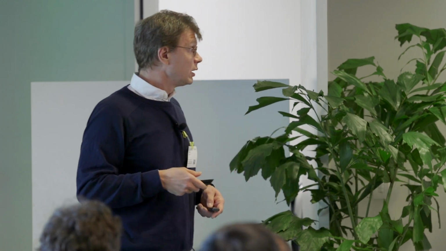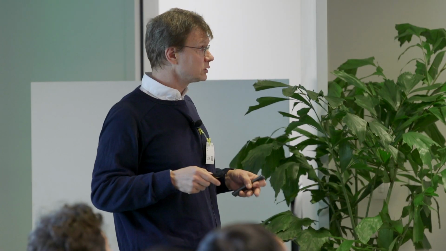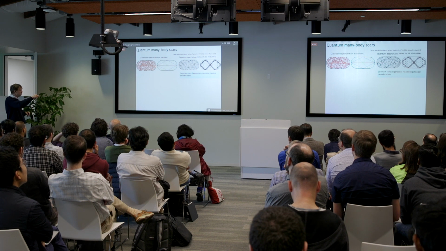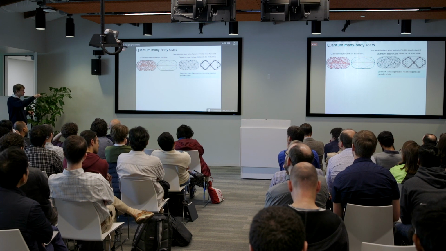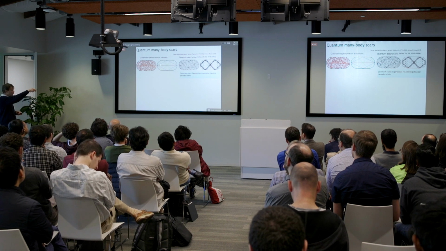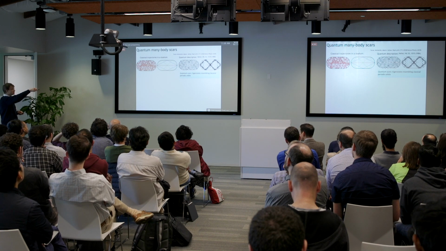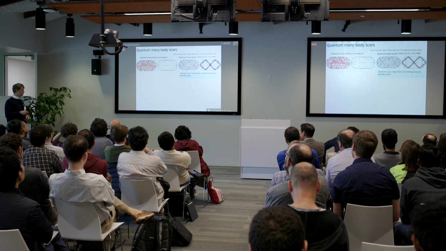But actually, it was discovered by one of our chemistry colleagues, Eric Heller, some time ago, that it's not the case. Under certain conditions, precisely when the Lyapunov exponent over the period of this oscillation is smaller than 1, these unstable classical trajectories result in eigenstates which very much resemble them.